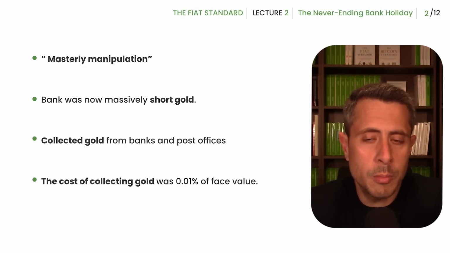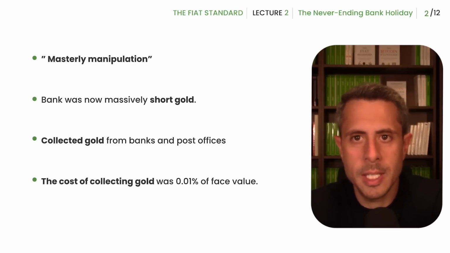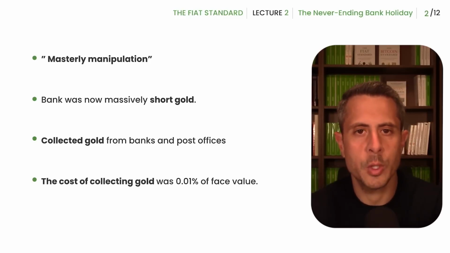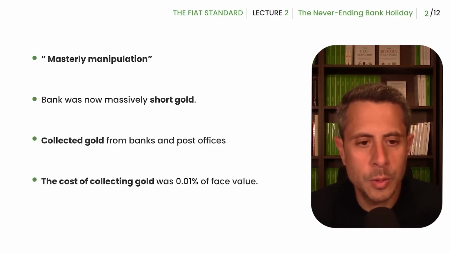They told banks and post offices to take payment from citizens in gold, and to make payment in paper. And they encouraged the citizens to turn in all of their gold, and they made it a nationalist duty for everybody. They emotionally blackmailed people's sense of nationalism in order to get them to hand over their gold to their local post office and bank.